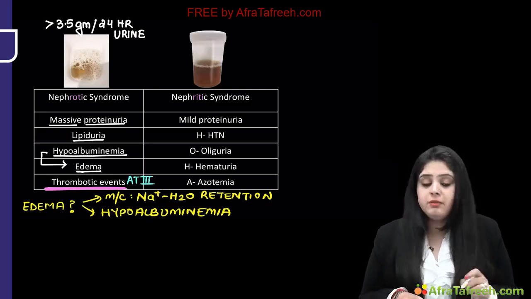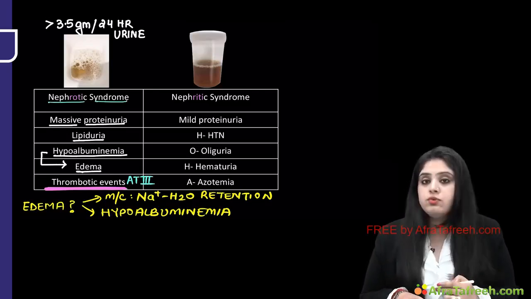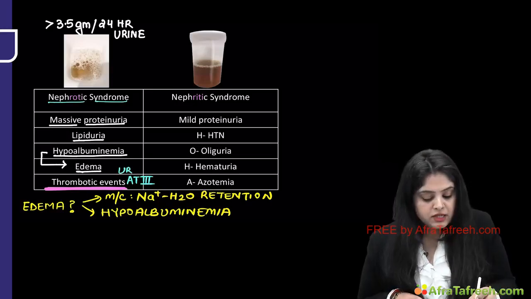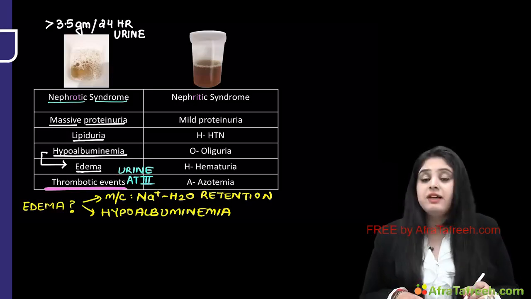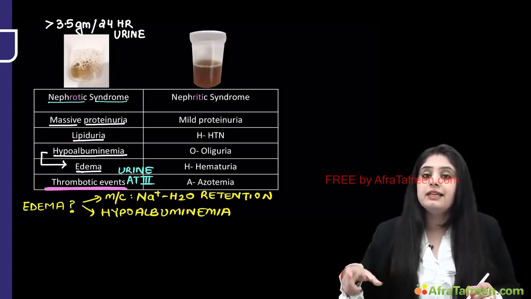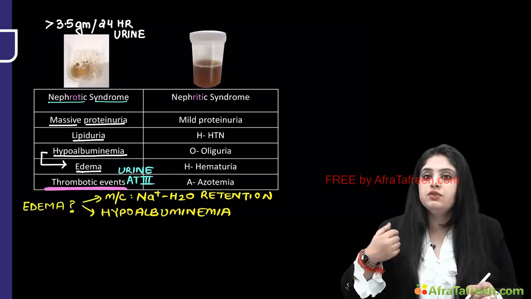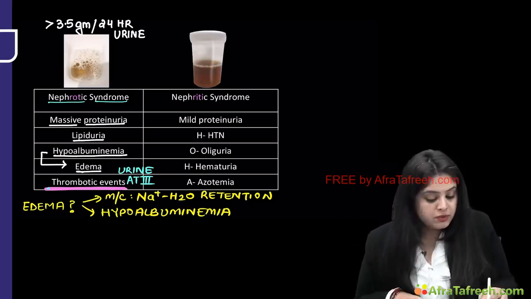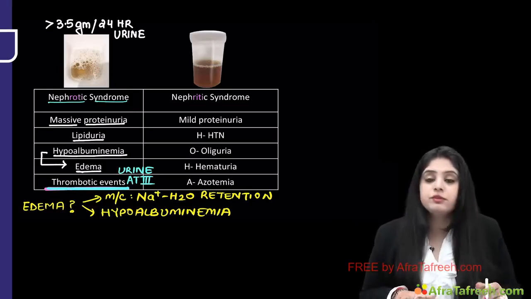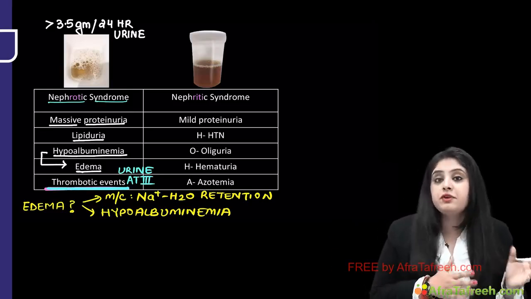And I'll be telling you a little bit more detail when we go to nephrotics. But for the time being, remember, all of the AT3 is going to go out into the urine. That is why antithrombin, the one which was supposed to stop the clot formation, that stopping factor has gone away. The control has gone away. This means now the patient is going to have a lot of clot formation in the body. Okay, this was about oh my God events, nephrotic.